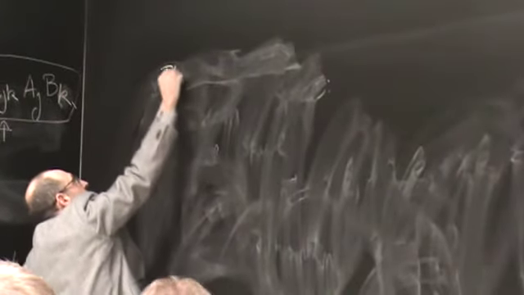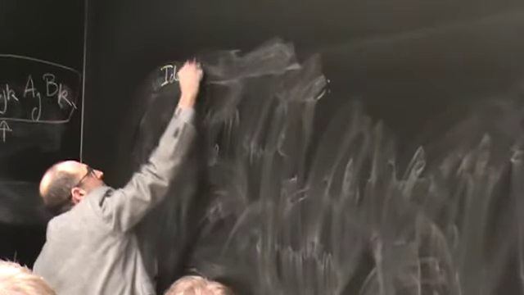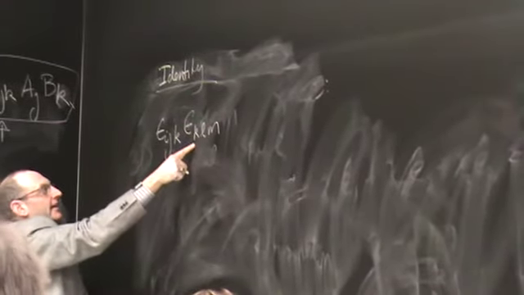So one last thing, I have one identity here that's extremely useful. Suppose I look at epsilon ijk times epsilon klm, summed over k. So whatever is left depends on the fixed indices i, j, l, m.